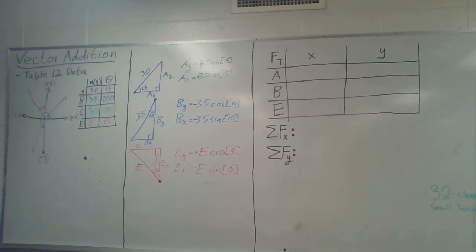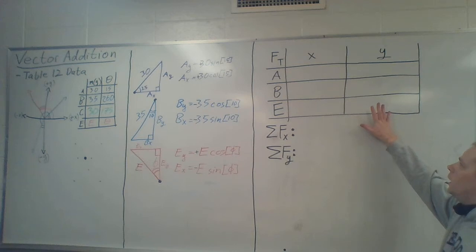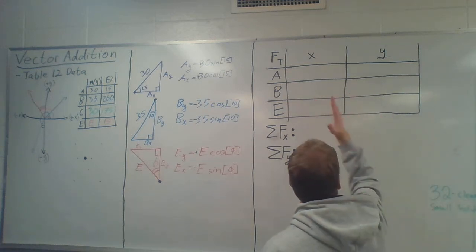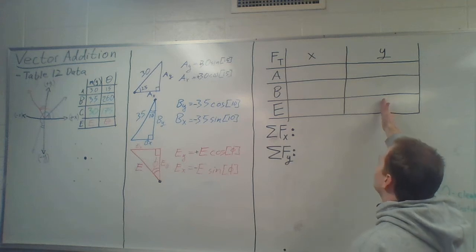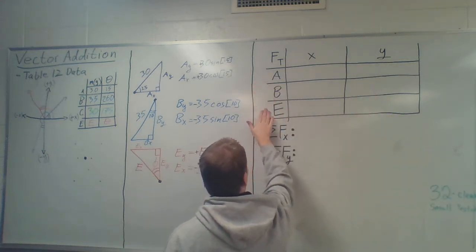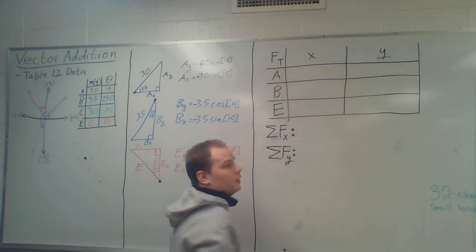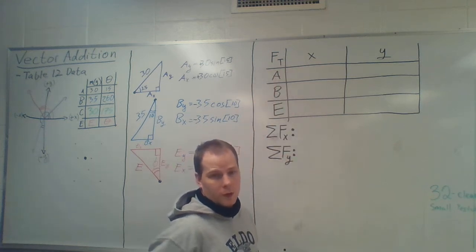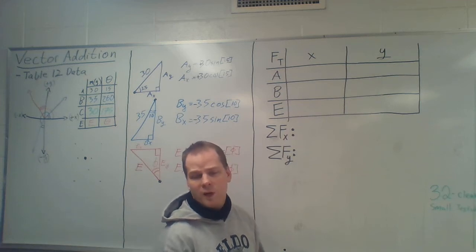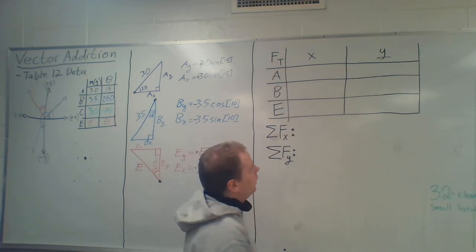All right, I have added the table, which has a column for the x dimension and a column for the y dimension, and a row for each of our three vectors. And FT just stands for total force, which is something you don't really need to worry about. I just always put it on my tables.